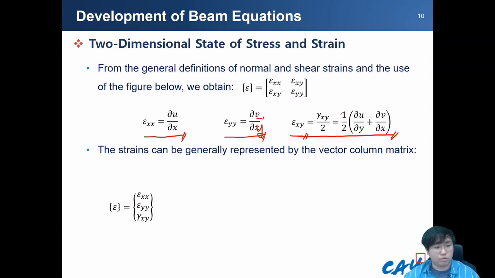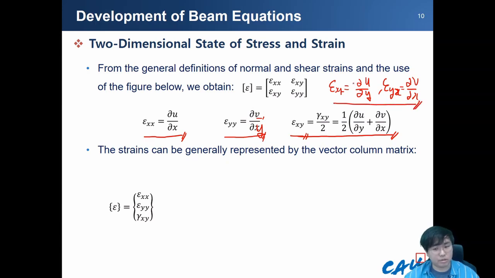Actually, depending on how you define the shear strain, sometimes we add a half, or take the average value. However, for the exact strain, sometimes this is the correct value or this is the correct value.